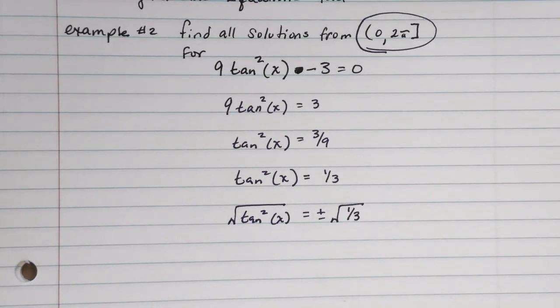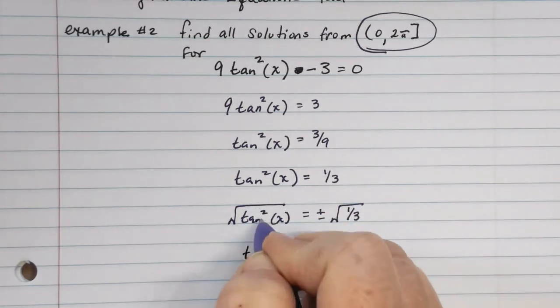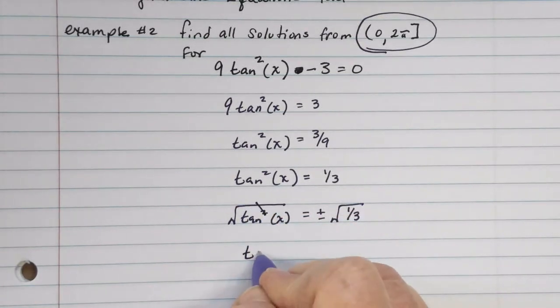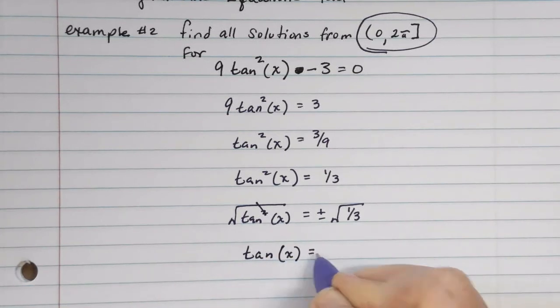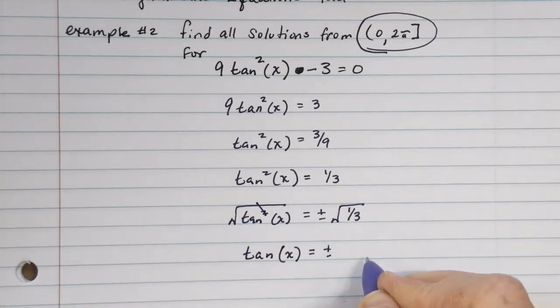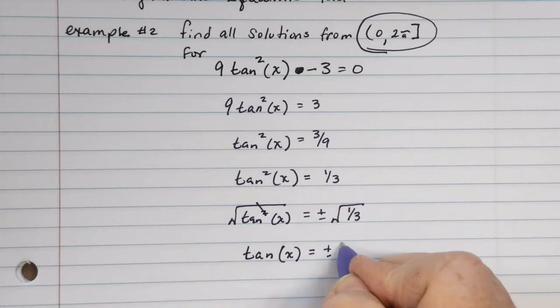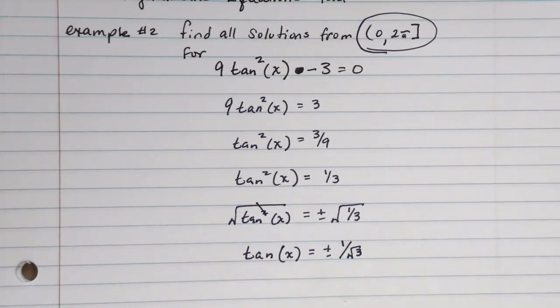You could have a positive or negative answer. The square root cancels the square on the left-hand side, so you're left with tangent of x equals plus or minus the square root of 1/3. The square root of 1 is 1. The square root of 3, you can just write as the square root of 3.